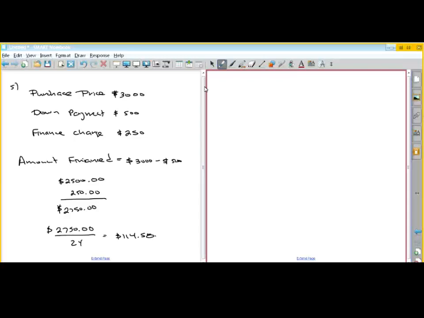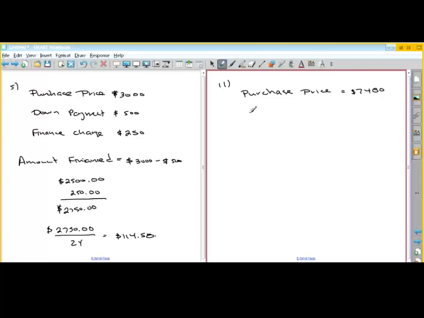Okay, next one is 11. So what are they asking for here? Find the true annual interest rate. Okay, that's what we did earlier. So it's basically like 1 through 4, but they're just asking in a slightly different way. And we're doing 11, so we have the purchase price, which is equal to $7,480.